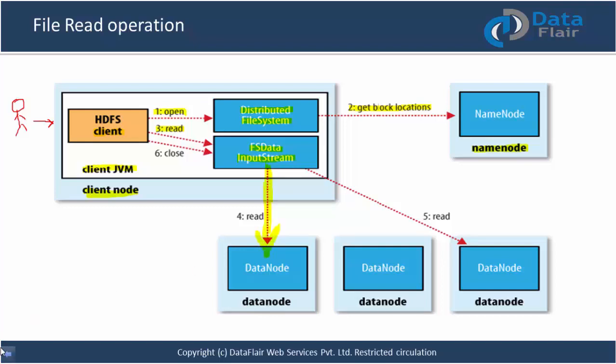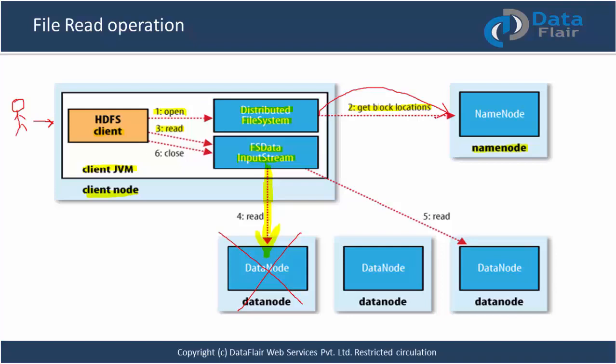Now, guys, there are possibilities that at any point of time while reading the data, my data node goes down: the server is down, power off. Then what will happen? No issues. My client will complain to the name node about the same. The name node will check, oh yes, this particular slave stopped sending me heartbeat.